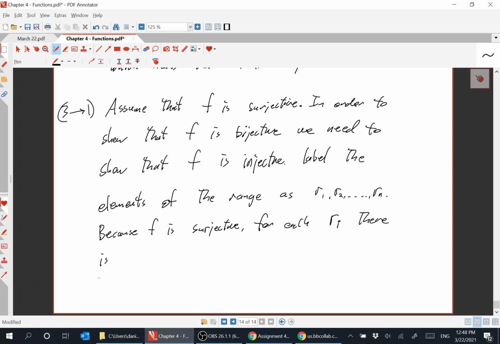What does surjective mean? For everything in the range, there is something in the domain. What do you like to call it? D sub i. Yes, so match indices. There is Di in the domain such that what?